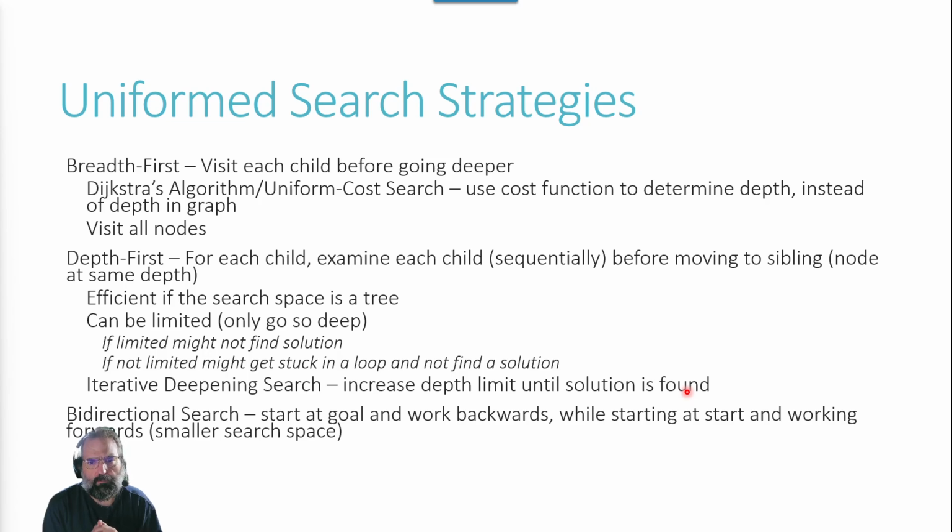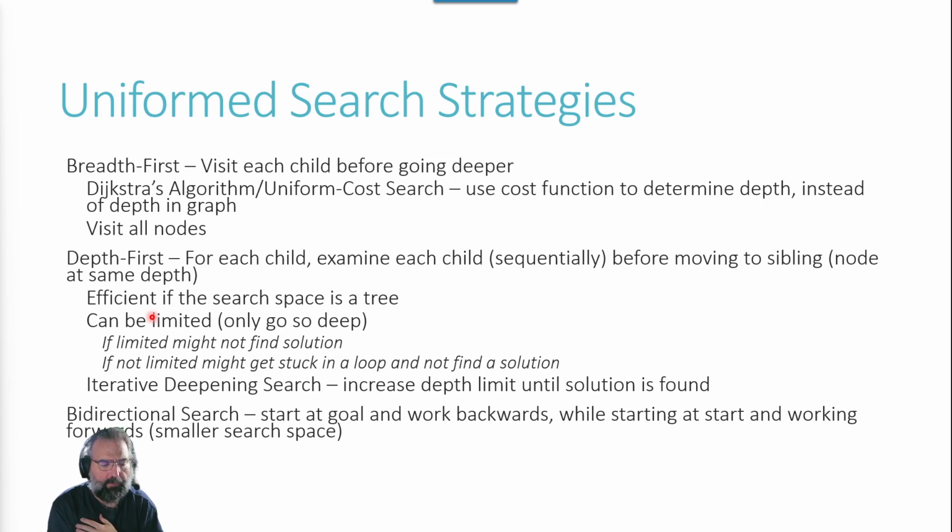So not a real good choice for things of any size. Breadth first, you visit each child before going deeper. Depth first, you're going to go deep as far as you can and then come back up. But there can be challenges because sometimes you can only go so deep, so you may have to introduce some sort of artificial limit that stops you at a certain point so that you don't have too big of a search tree involved.